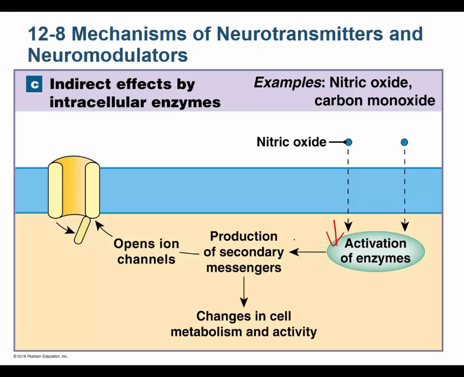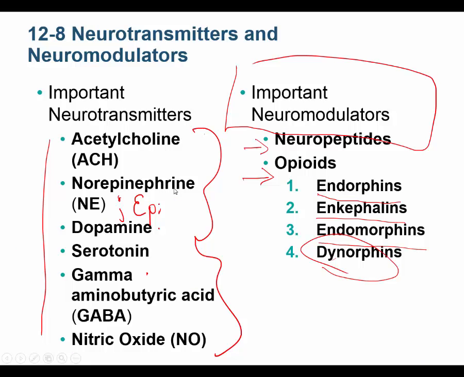But it's other enzymes that lead to other second messengers. And then these second messengers go ahead and open your ion channels. An example of a neurotransmitter that acts this way is NO, or nitric oxide. And that was in our list of neurotransmitters that we previously looked at. If you want to go back and look at that list, there's your nitric oxide right there.